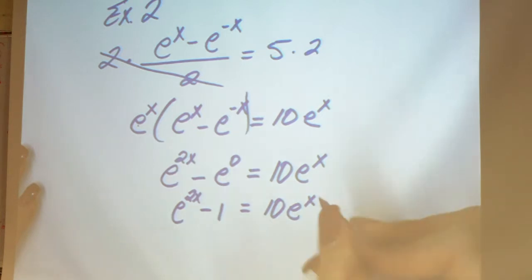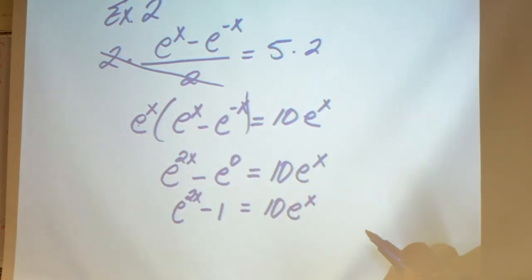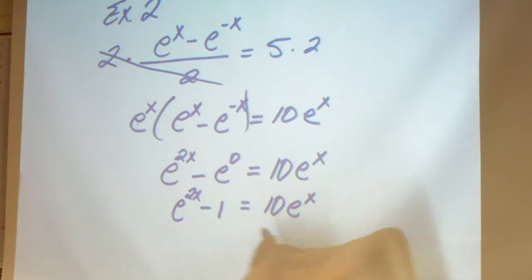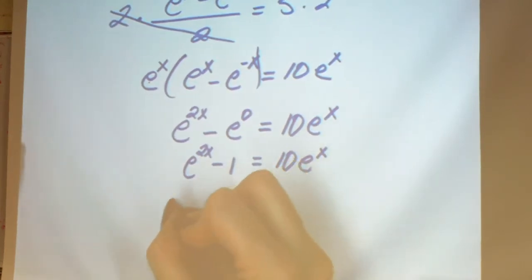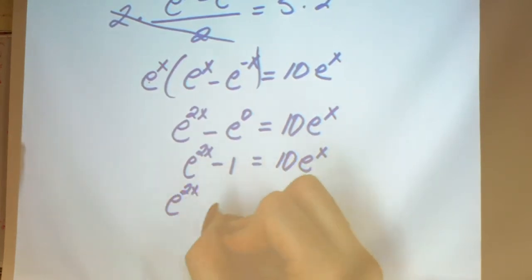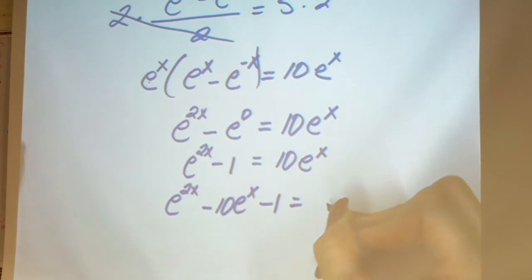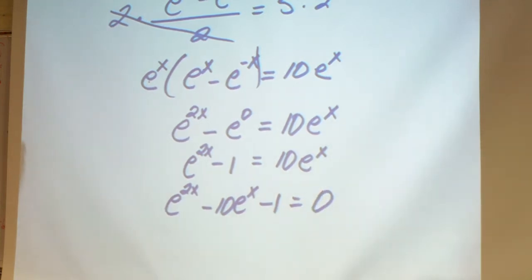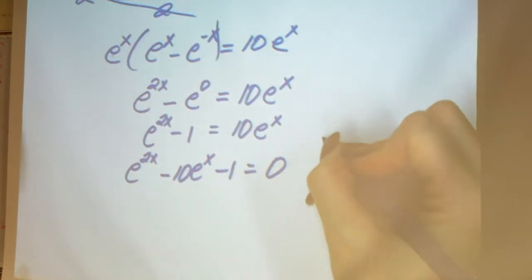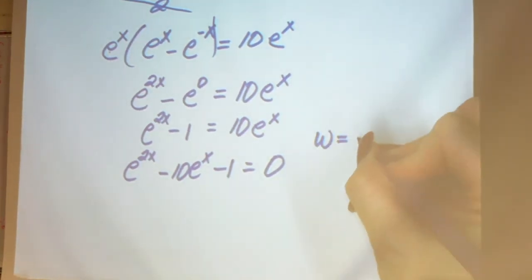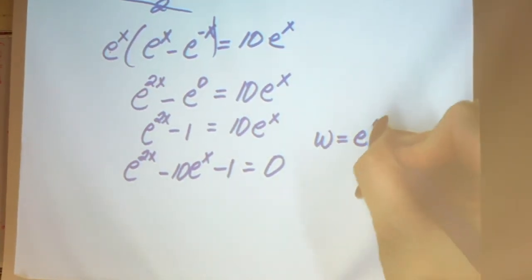Let's get our 10 e to the x over to the other side. So we're going to have e raised to the 2x minus 10 e raised to the x minus 1 equals 0. Now, we're going to substitute. We're going to say that w equals e raised to the x.